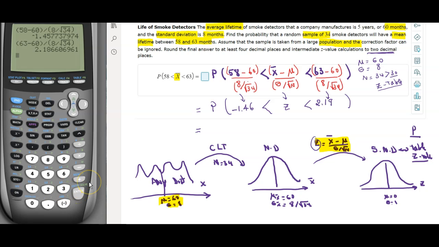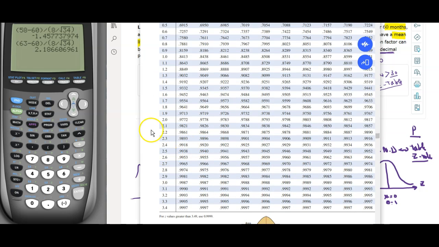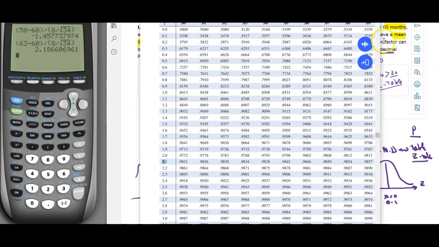So what's going to happen here? This value over here, whenever we get it on the table, is going to be the highest probability, so we put it first, and then we subtract the value of the first one, which is the lower probability. So let's go to 2.19. 2.1 and 9, the last digit.